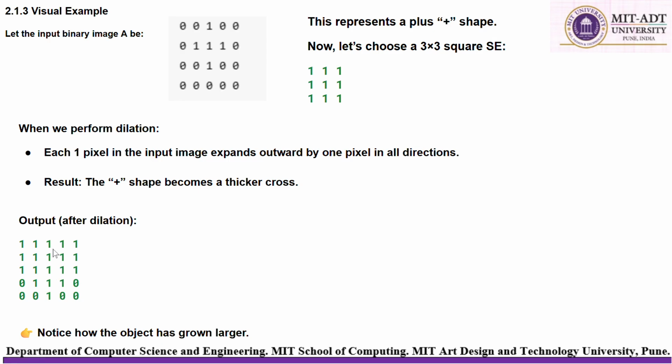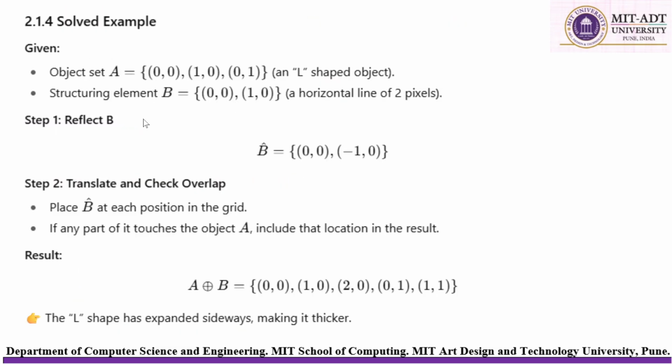In this way, the output after dilation has the entire first row with all ones, the second row all ones, the third row also all ones, and the fourth row also all ones. In the last row only this pixel will have a value of 1. Here you can observe how the object has grown to a larger size, right?